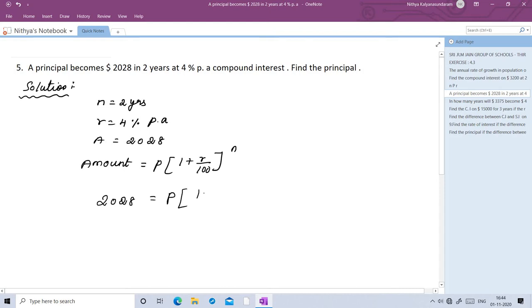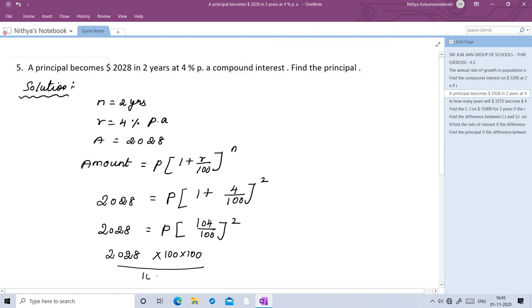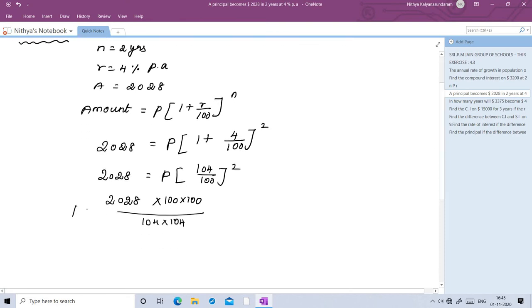So write as it is: 1 plus R is 4 by 100, n is 2. 2028 is the amount, principal is P. So 100 plus 4 is 104 by 100 whole square. So 2028 into 100 into 100 divided by 104 into 104. So that is our principal.